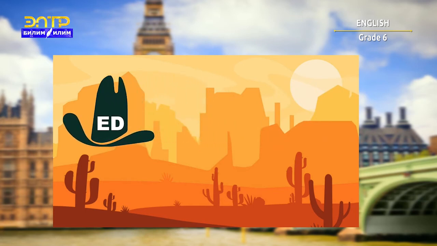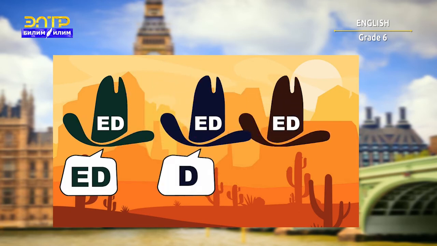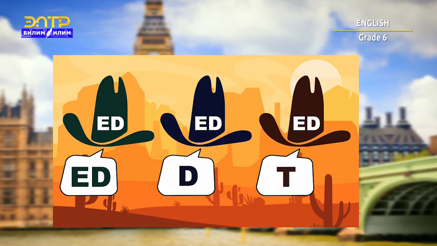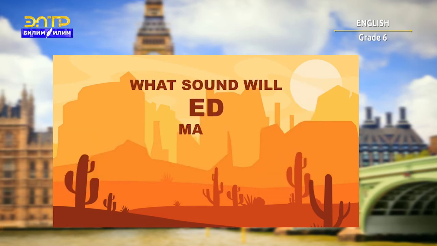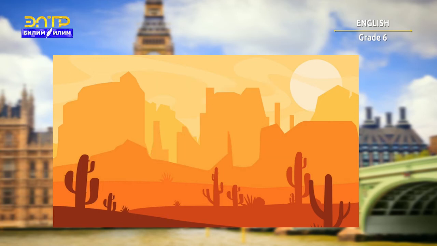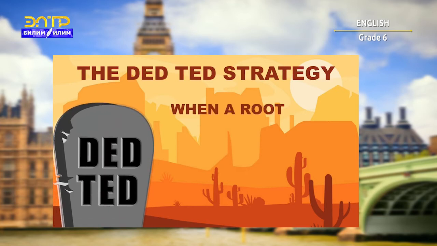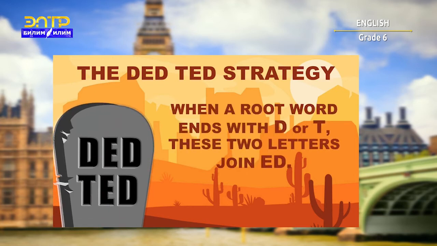My name's Ed. You can call me Ed, or you can call me D, or you can call me T. What sound will ed make? How do we know? The dead Ted strategy. When a root word ends with D or T, these two letters join ed.